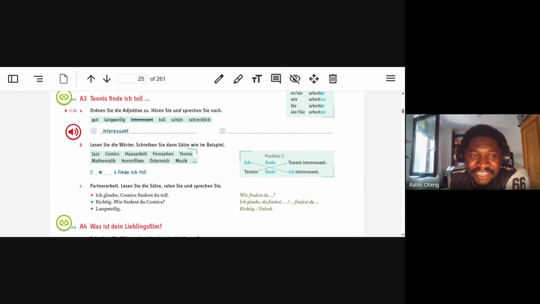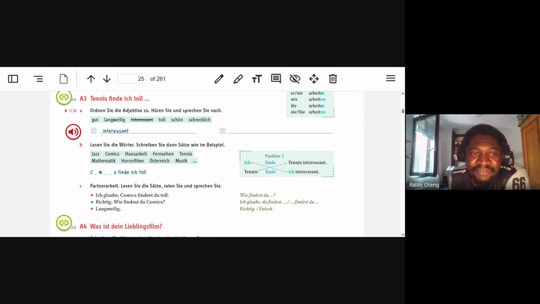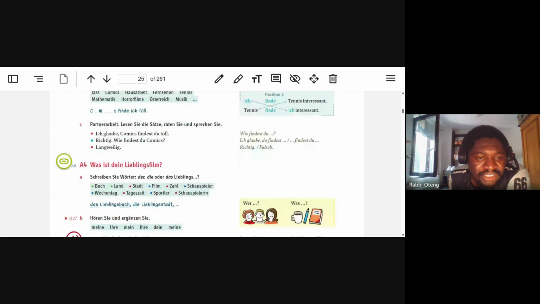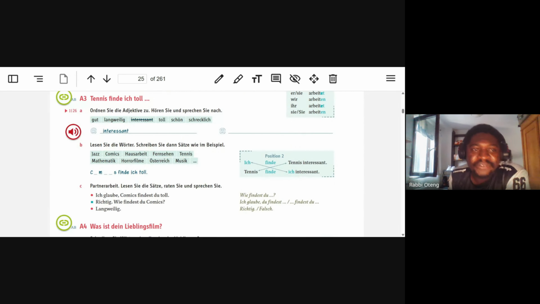Maybe I find jazz good. I find jazz boring, langweilig. Österreich is Austria. I find Österreich terrible. You can interchange it: Ich finde, and after that Ich glaube. You can use this to guide you.